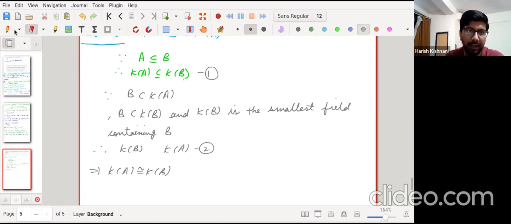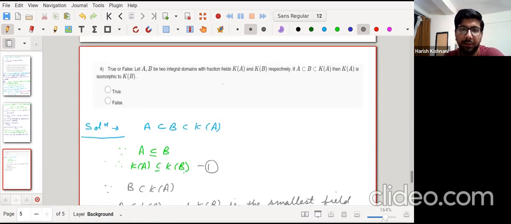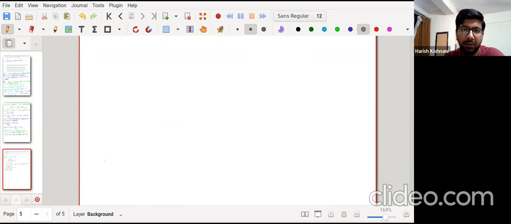You should write that it should be embedded inside your K_A, right? Okay. So they are isomorphic, so the statement is true. This question was an easy one. Let's check the next one.